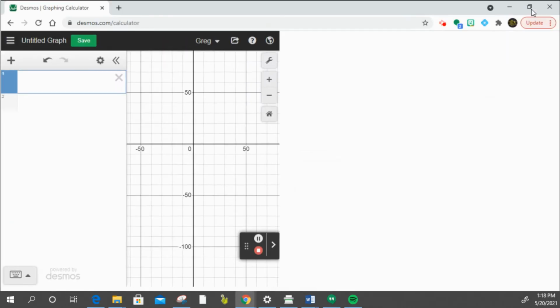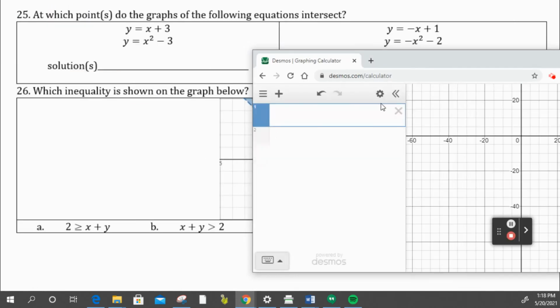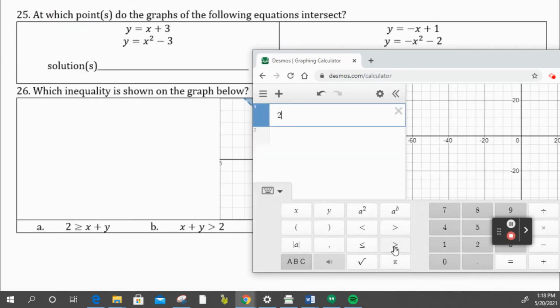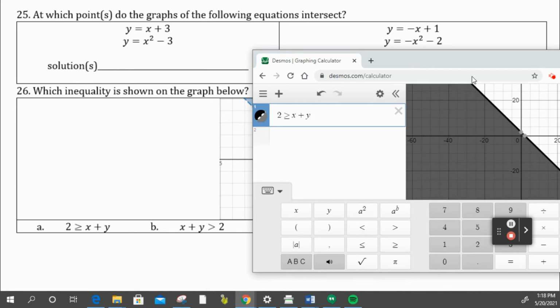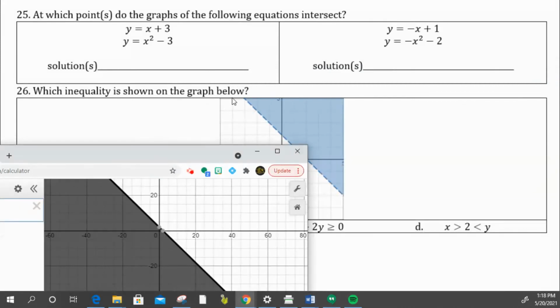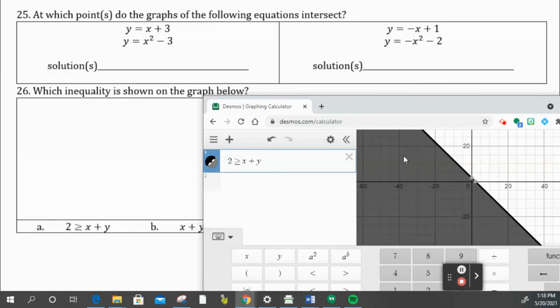So our first one is 2 greater than or equal to x plus y. Let's check out our visual. First of all, this line's dotted. This one's solid, so boom, not our choice.